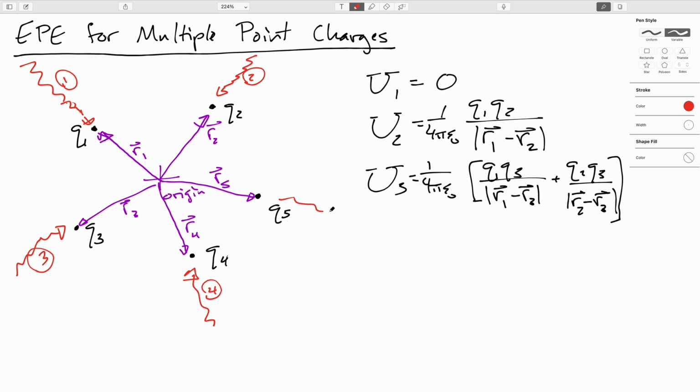charge 4 and charge 5. Let's just go ahead and write down what those expressions would look like.